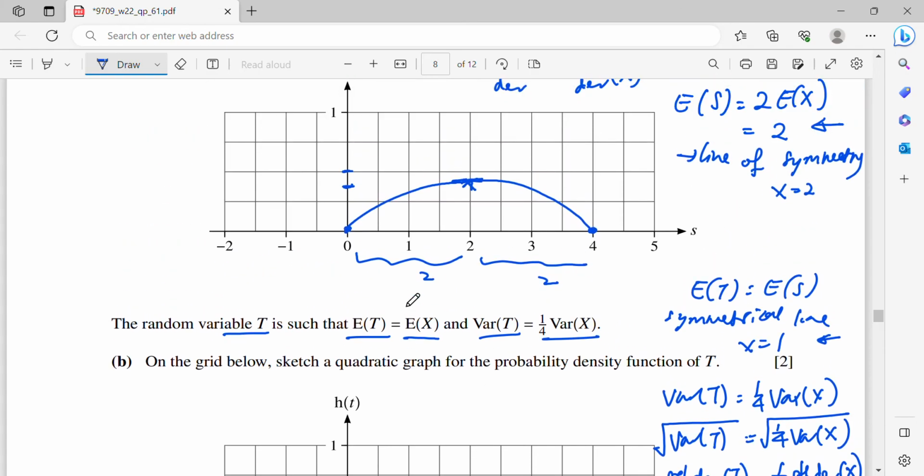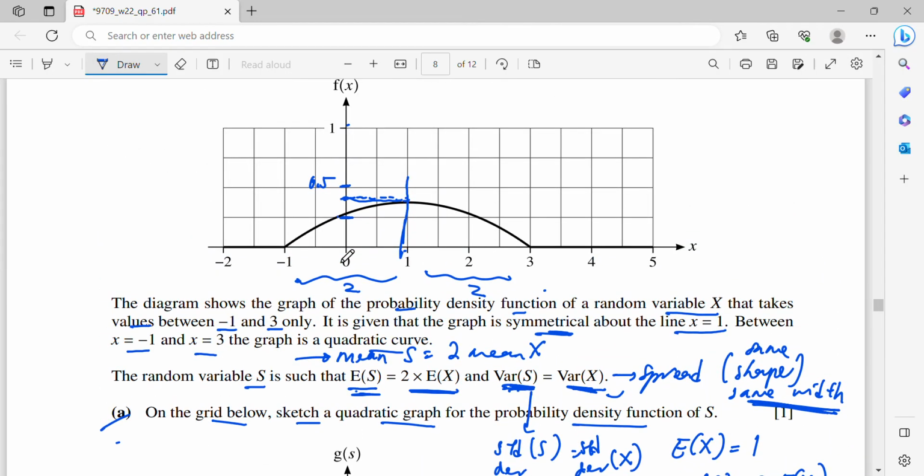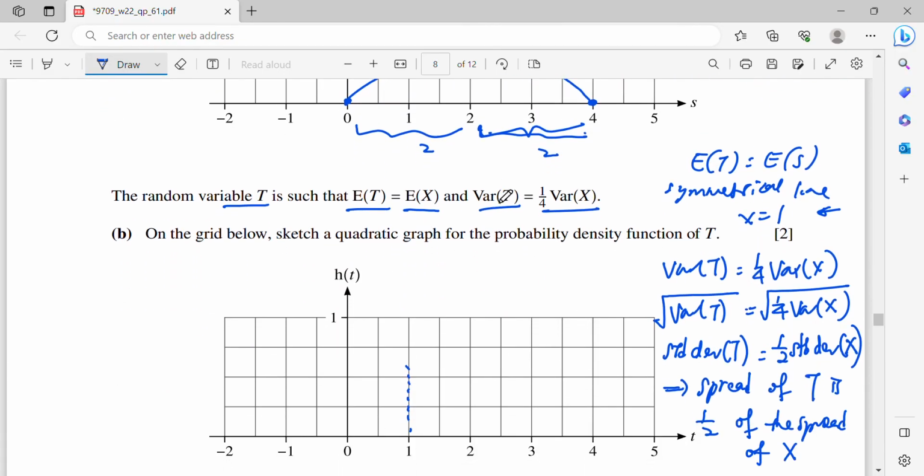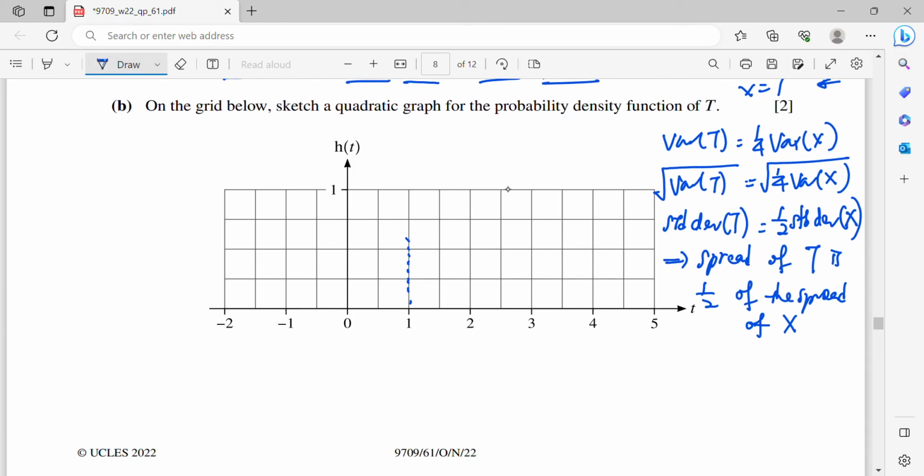When you look at the original graph, the spread from the symmetrical line is 2. The width is 4. Then the spread here is 2 from the symmetrical line. So from here I know that the spread is going to be half of 2. So now the spread of t is half of 2, which means it's 1.